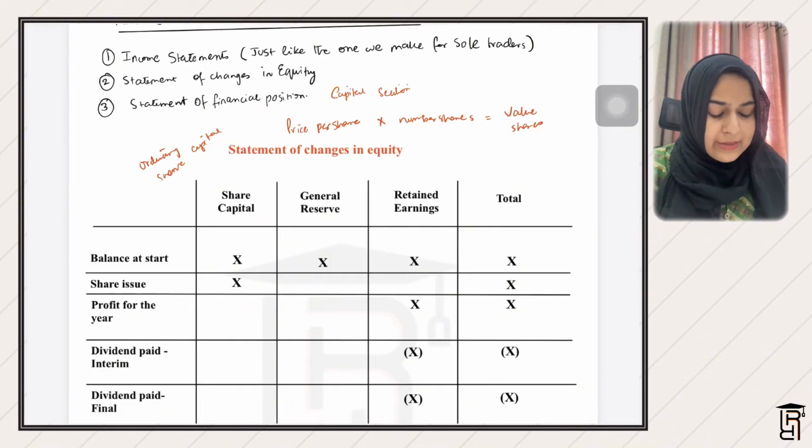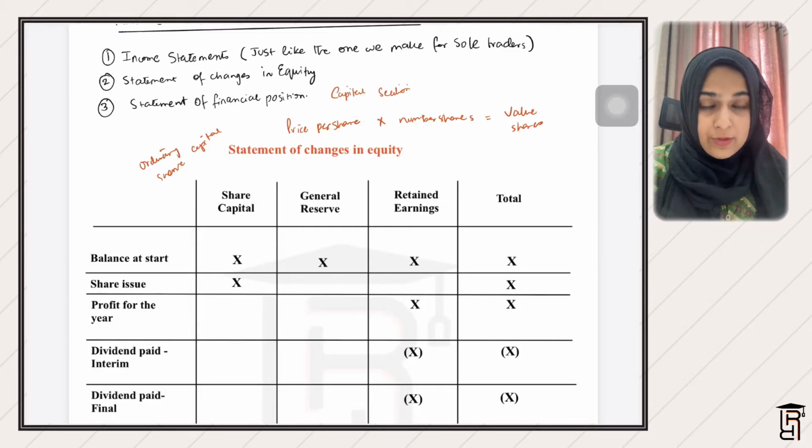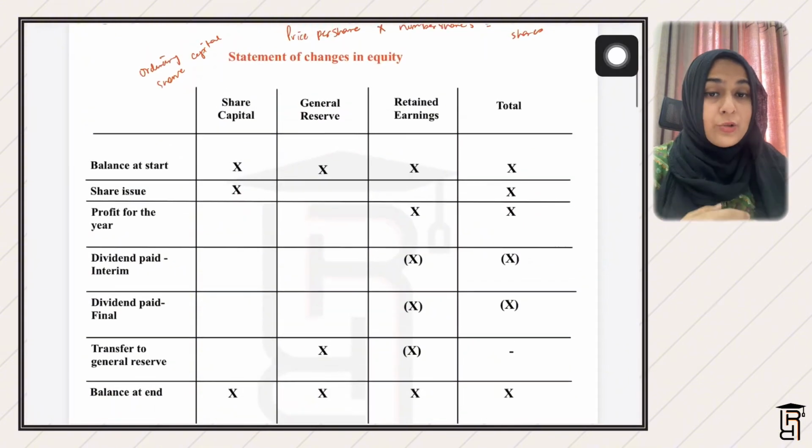Here there are balances at start. At the start of the year, how much money did we have in our share capital? Basically, how much have we raised through issuance of shares? Then we have general reserve, which is a reserve made out of profits, and retained earnings is also a profits reserve.